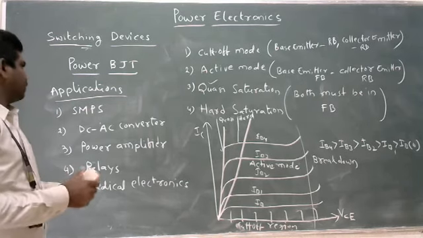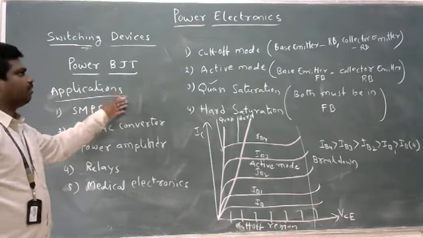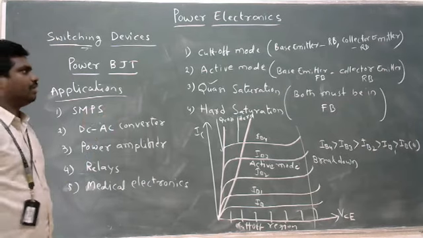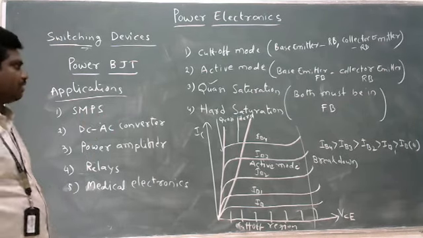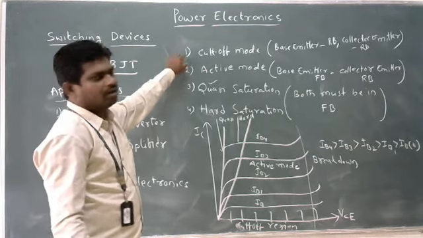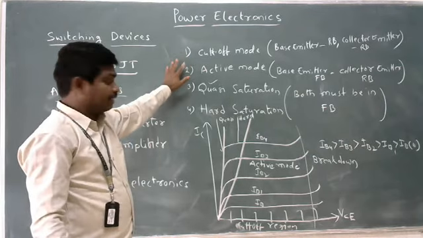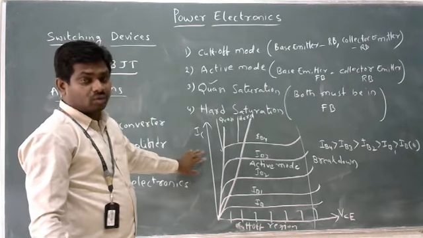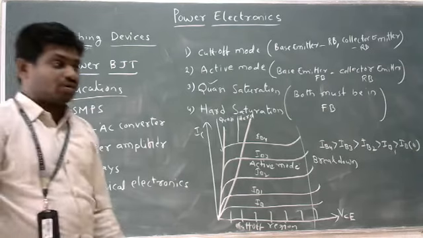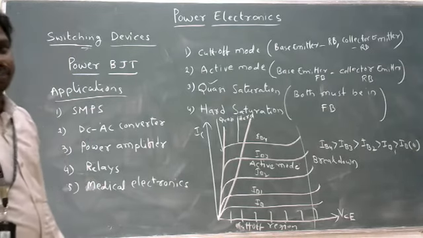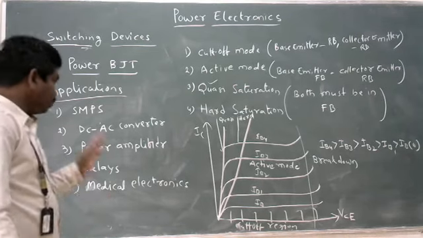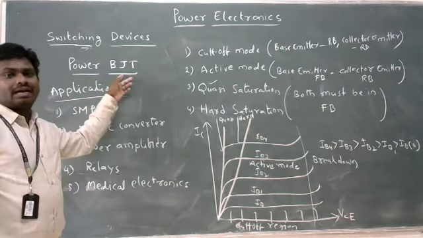Then we have seen the working principle of power BJT with respect to the VI characteristics, the different modes of operation. Finally we concluded that the power BJT is a current control device, because the output current, the collector current of the power BJT, is controlled by the input current, the base current. Hence we concluded that our power BJT is a current control device.